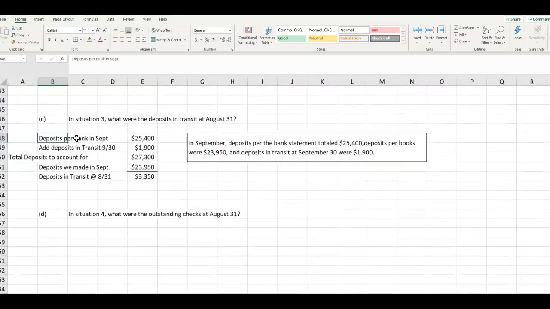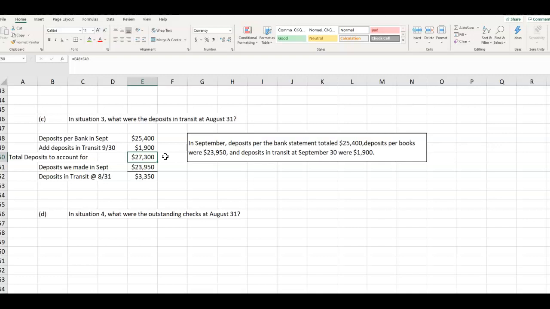The deposits per the bank plus the deposits in transit at 9/30. So that's $25,400 deposits that the bank got, plus $1,900 worth of deposits in transit. This is a total of $27,300. That could come from only two places.